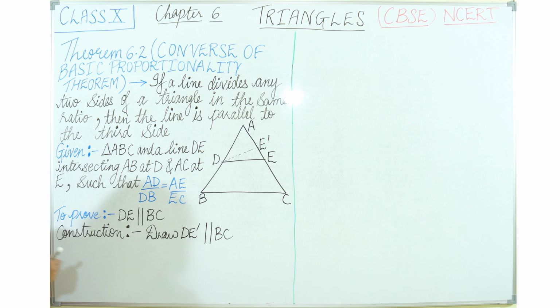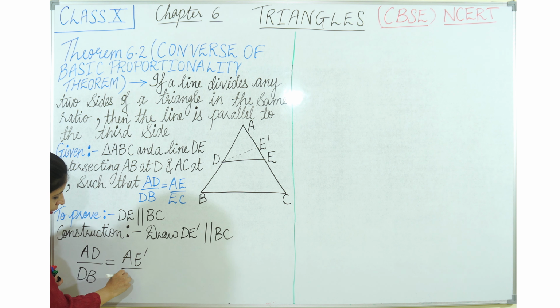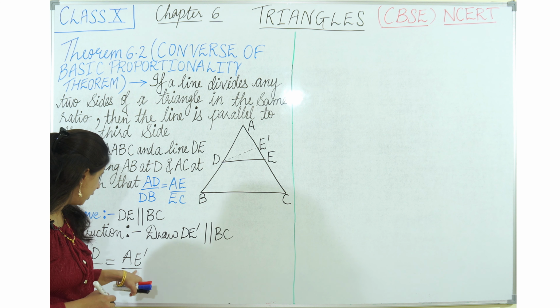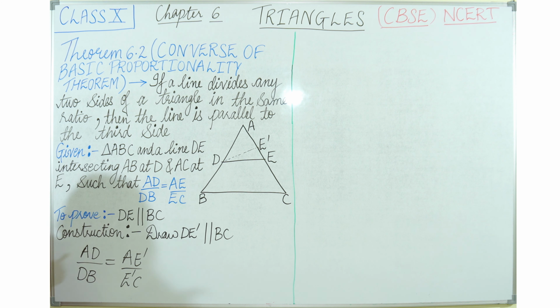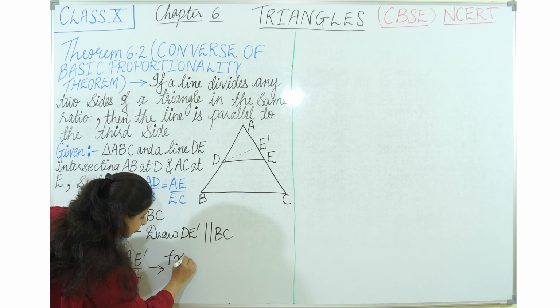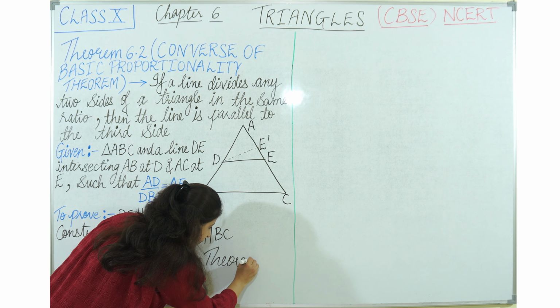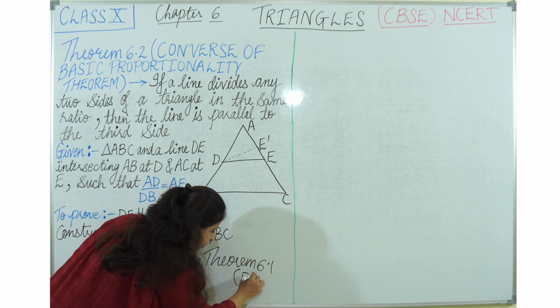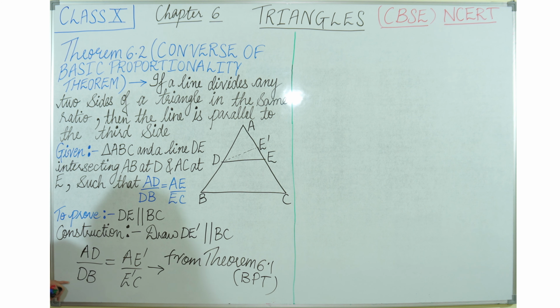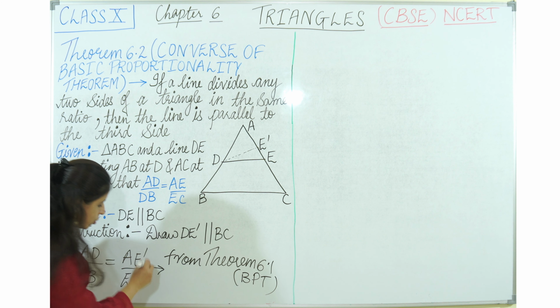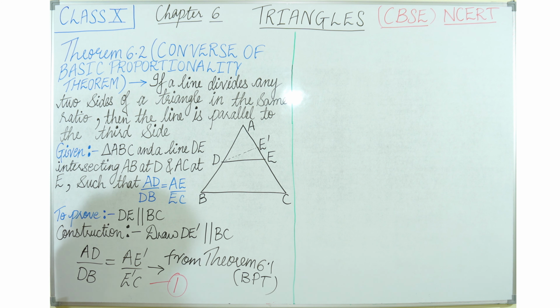So easily I can say that AD upon DB is equal to AE dash upon E dash C. The reason is theorem 6.1, which is my BPT, basic proportionality theorem. Let us mark this as equation number 1.